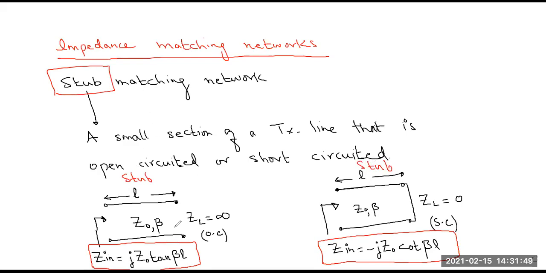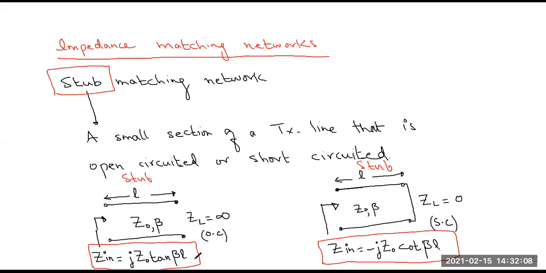So what is the circuit behavior? If you look at this equation, j Z0 tan(beta l), it is clearly telling us that this stub's behavior in terms of impedance is purely imaginary. Similarly, this is also purely imaginary, or you can say the impedance is purely reactive.